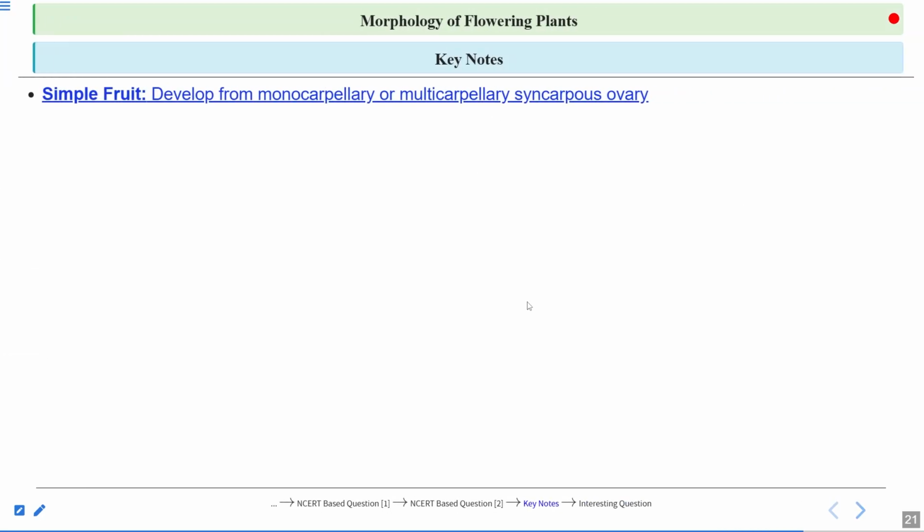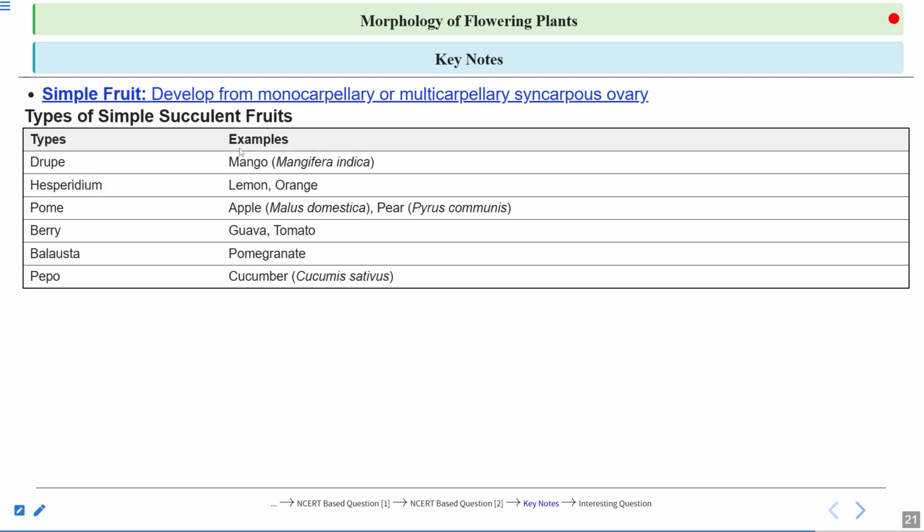Now we have some keynotes. Simple fruit develops from a monocarpellary, multicarpellary or syncarpous ovary. Types of simple succulent fruits: the drupe is one type of simple fruit that we see in mango, Mangifera indica. Now the Hesperidium, lemon and orange.